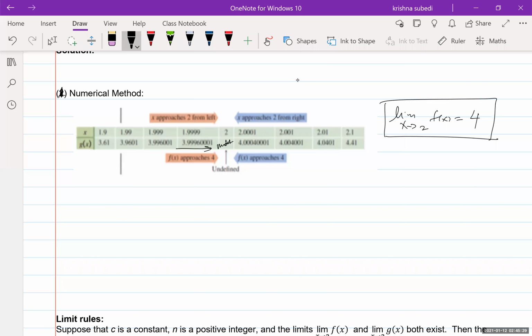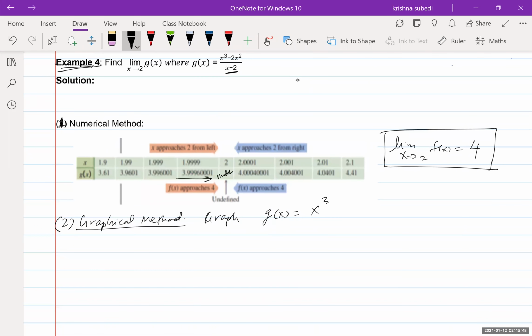Now, second method, so graphical. I want you to draw the graph of this function. Graph g of x equals x cubed minus 2x squared over x minus 2.